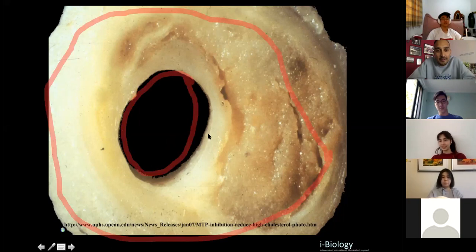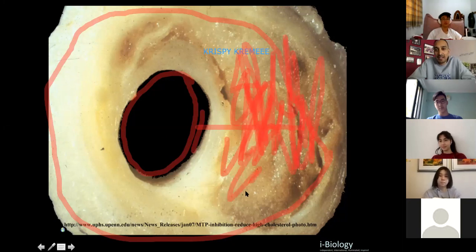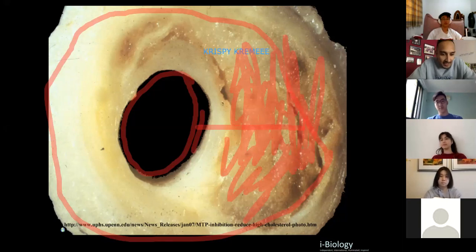All of this stuff here is cholesterol that has built up and made the walls of this artery much, much thicker than they're supposed to be, which has made the lumen much smaller.